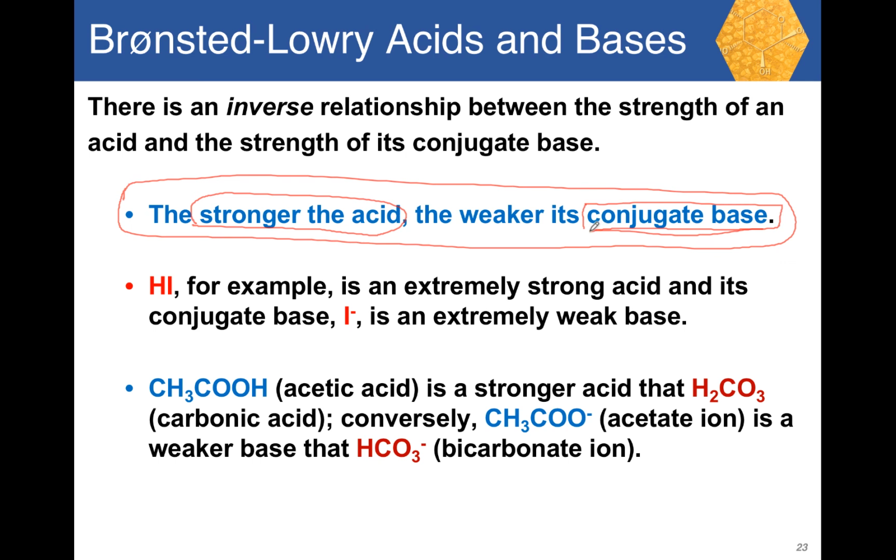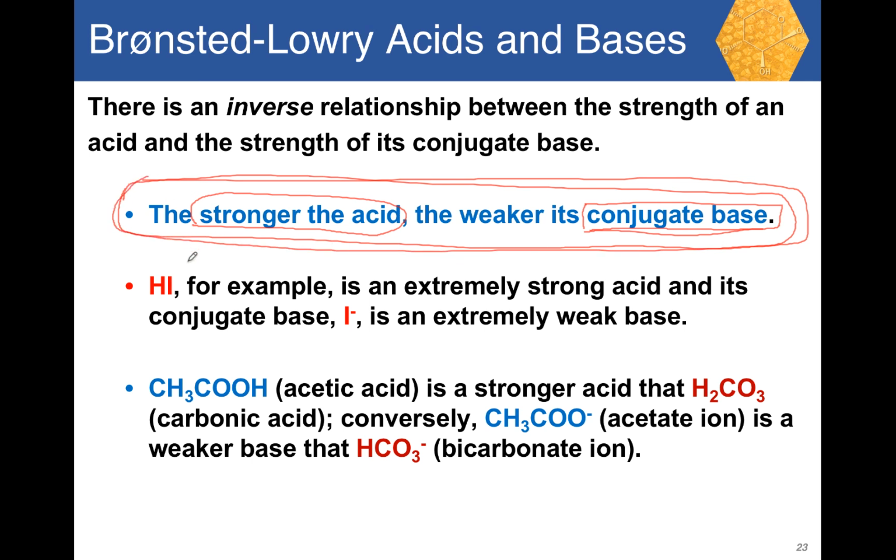So now you can see the importance of identifying conjugate acid-base pairs, of identifying an acid and identifying its conjugate base. If its conjugate base is weak, it's a strong acid. If this acid is very strong, its conjugate base will be very weak.